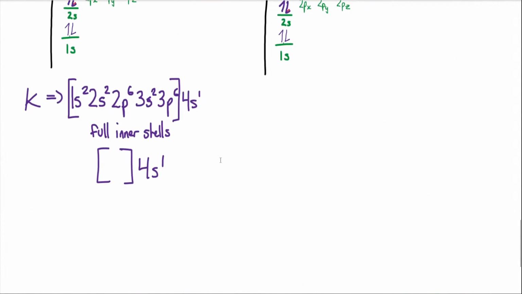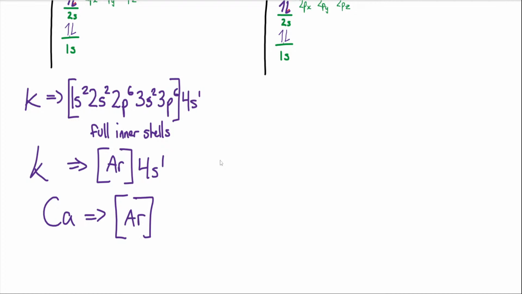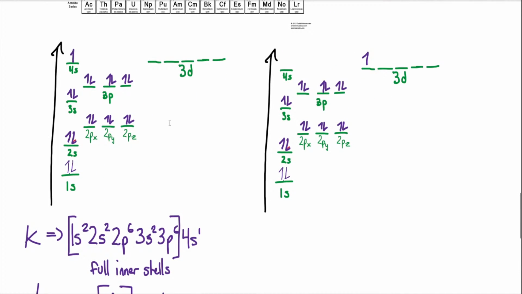Okay, so now this is nice because I can just say argon and then 4s1, and I'm saying the same thing. That's potassium. Can you tell me what calcium looks like? Argon again, and then, because it looks the same but has one more electron. So these inner shells don't really get touched.